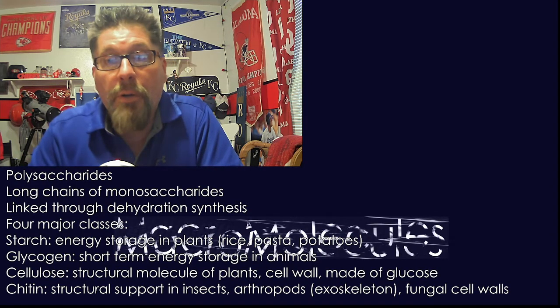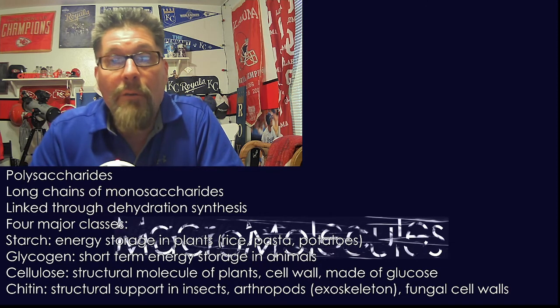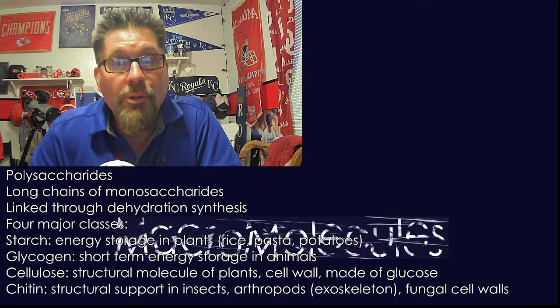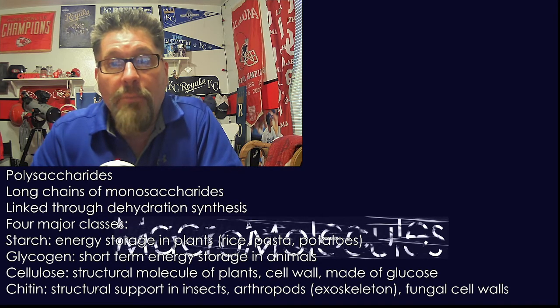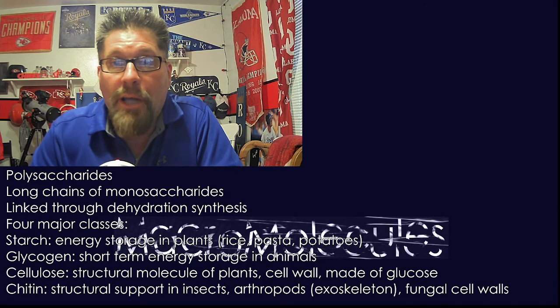When we're talking polysaccharides, now we've taken more than two monomers and put them together into just a chain of monosaccharides. And again, as I mentioned in that initial video, the reference point to dehydration synthesis is a long chain, a big number.